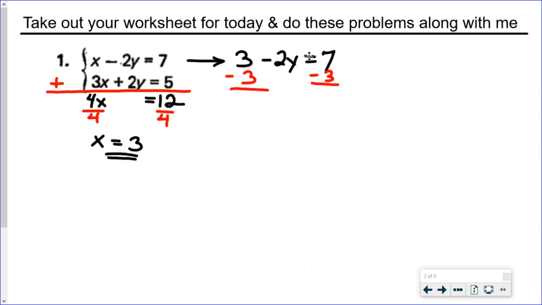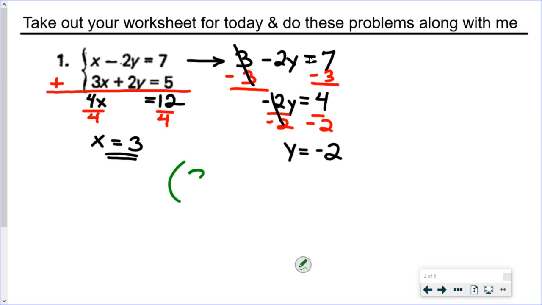Okay. So that goes away. So I bring down my negative 2y, be careful, equals 4. And then I just divide by negative 2. And I get y equals negative 2. And my final answer is that ordered pair 3, negative 2.